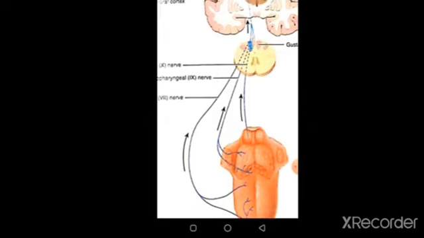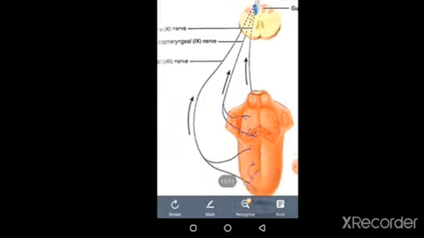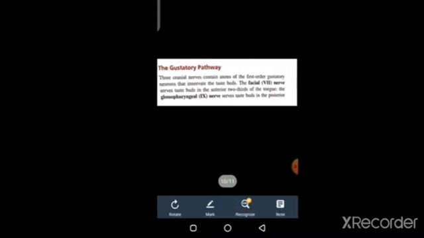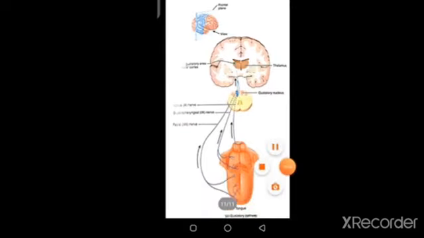Okay, here is the parietal lobe of the cerebral cortex. So this is the pathway of taste from the tongue. That's all about the tongue.